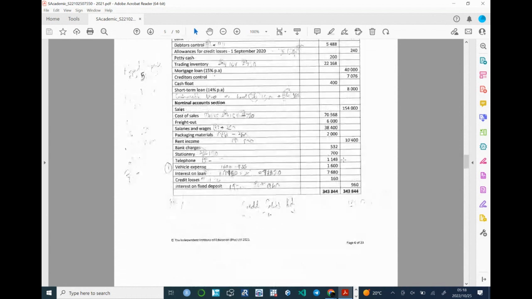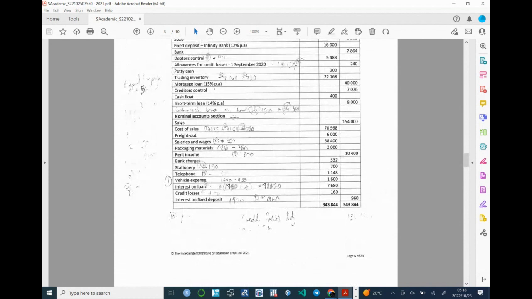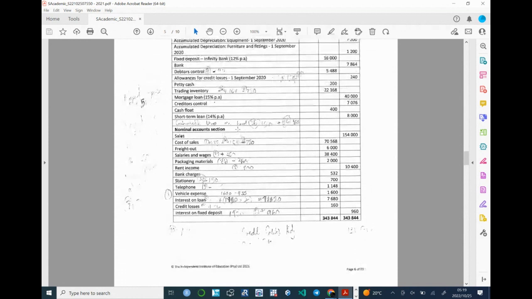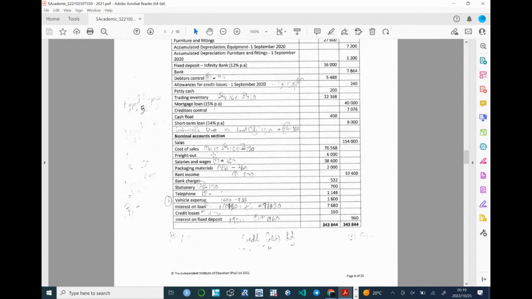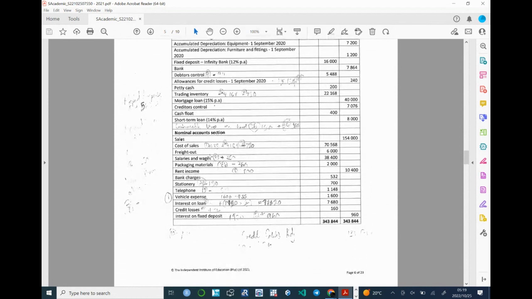Let's see. Do we have a freight on purchases account here? Nominal account section, there's no. Yeah. So it's going to affect your trading inventory and it's going to affect your cost of sales. Because freight out is when we are selling something to someone and then we're sending over the goods to them.